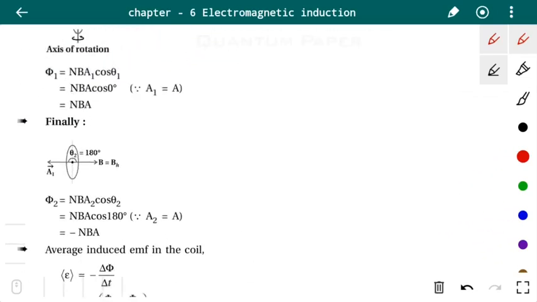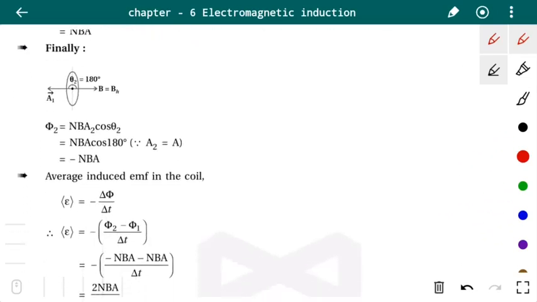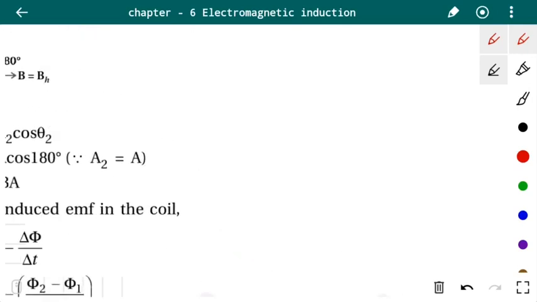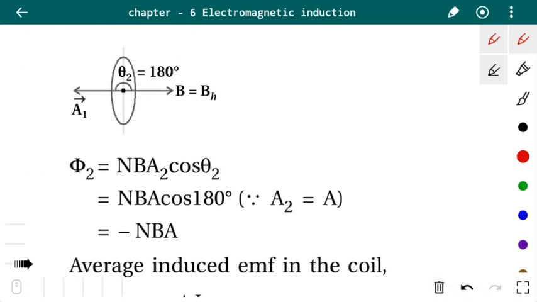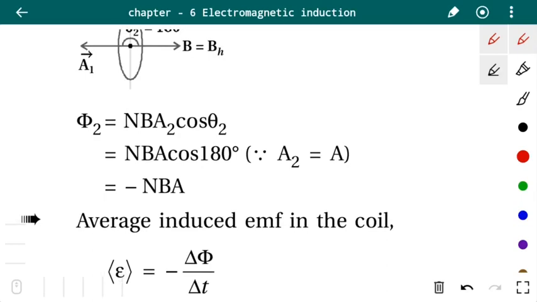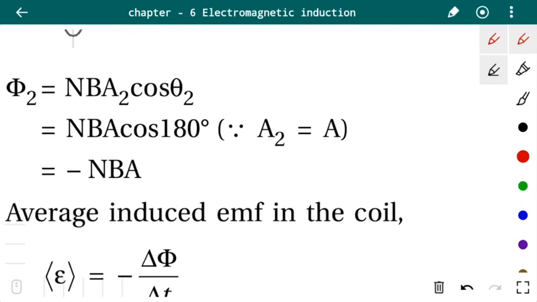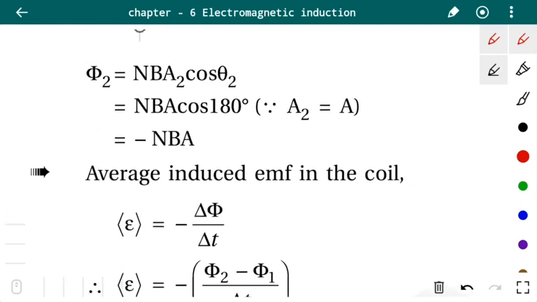So now phi 2 equals NBA2 cos theta 2, where theta 2 is the angle between the magnetic field and the area vector, and as you can see both are anti-parallel to each other, so 180 degree, and here A2 is nothing but the area vector A. So phi 2 equals minus NBA, because cos 180 degree equals minus 1.